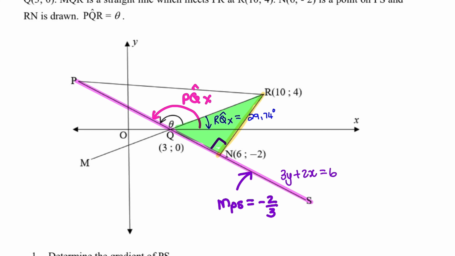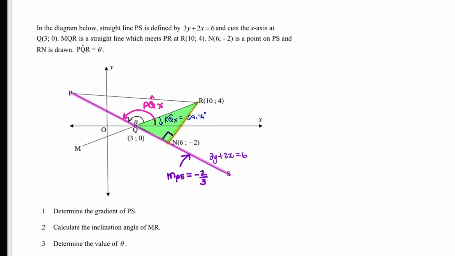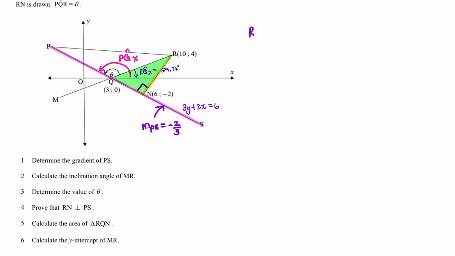So in order to answer this question, I need to find the lengths of RN and QN, and I'll use the distance formula for that. So RN is equal to the square root of the difference of x's, xr minus xn squared, plus the difference of y's, which is yr minus yn squared.